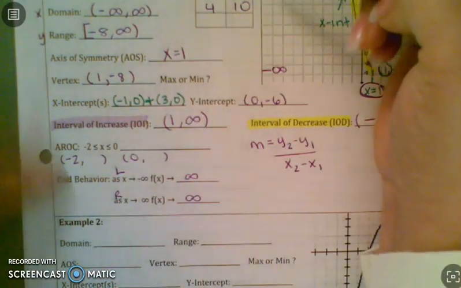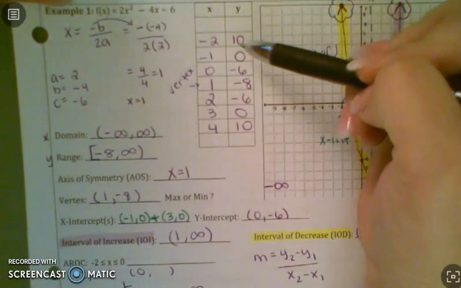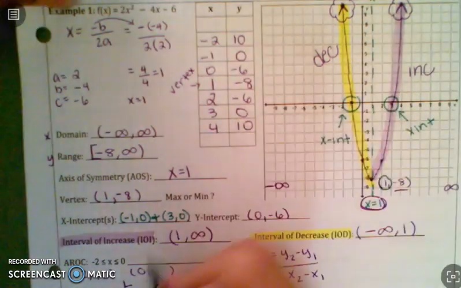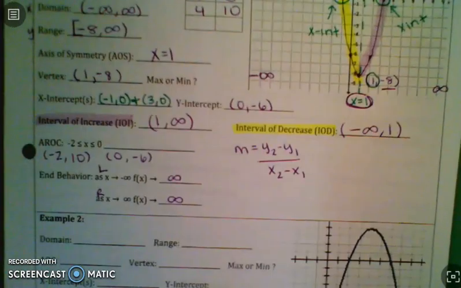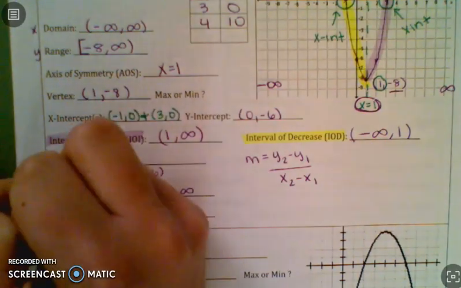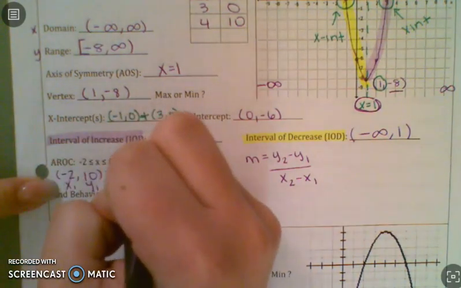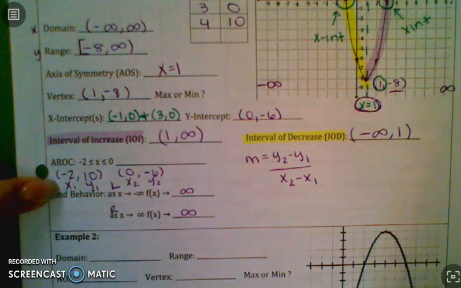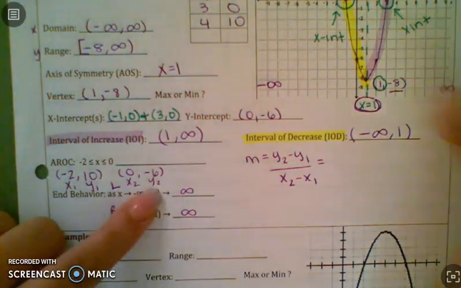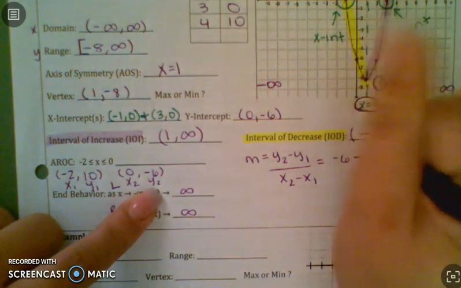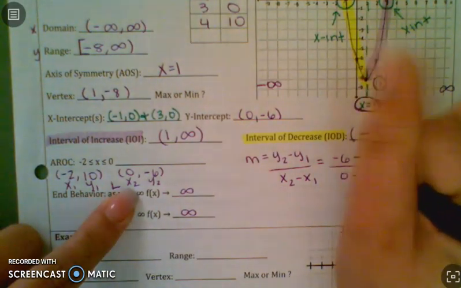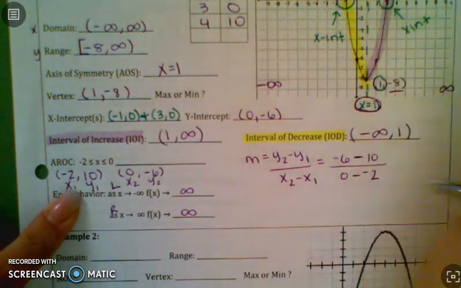So if I go back up here, -2 is 10 and 0 is -6. So those are the values I am going to use for my equation: x1, y1, x2, y2. So let's go ahead and plug in. y2 is -6 minus y1 is 10, over x2 is 0 minus x1 is -2.